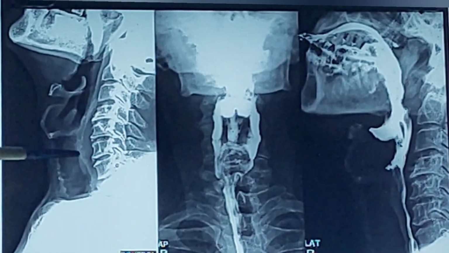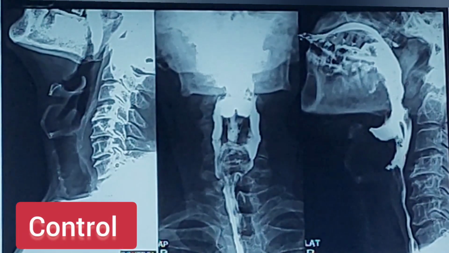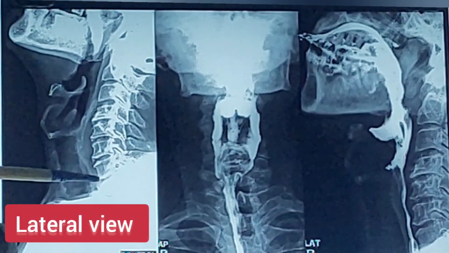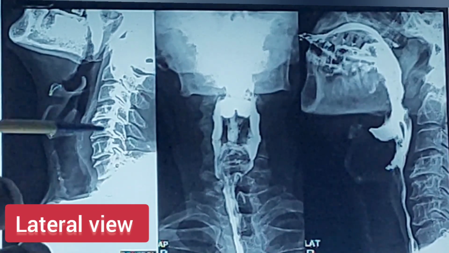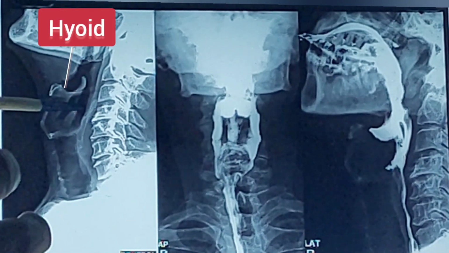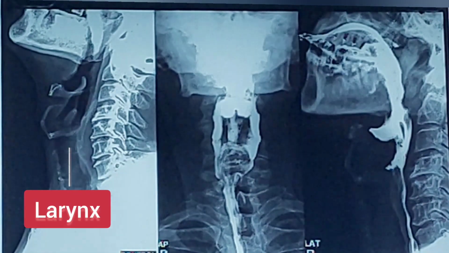If I see, the first one is a control study. Control study means without giving barium sulfate solution to swallow, and it is a lateral view. We can see all these are the cervical vertebra, and in front of it is the hyoid bone, and this is the laryngeal cavity.